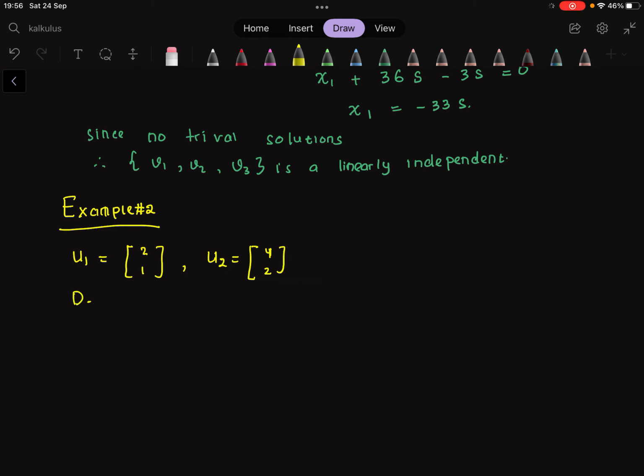So the question here: determine if u1 and u2 are linearly dependent.